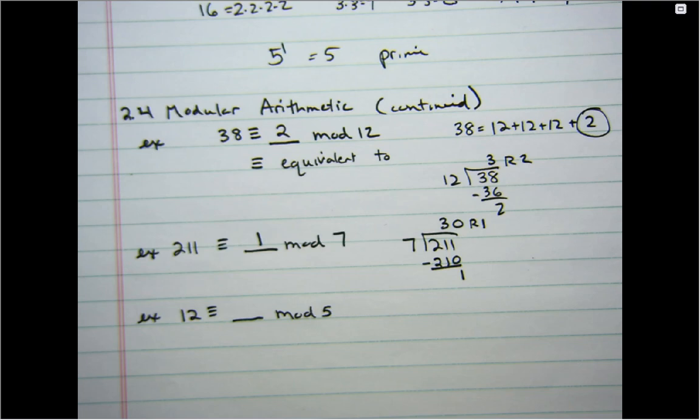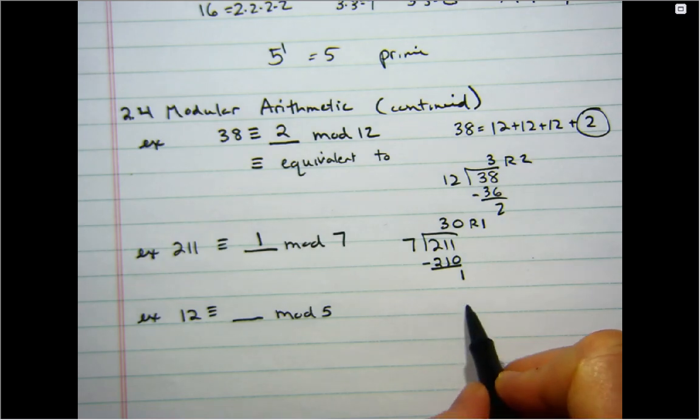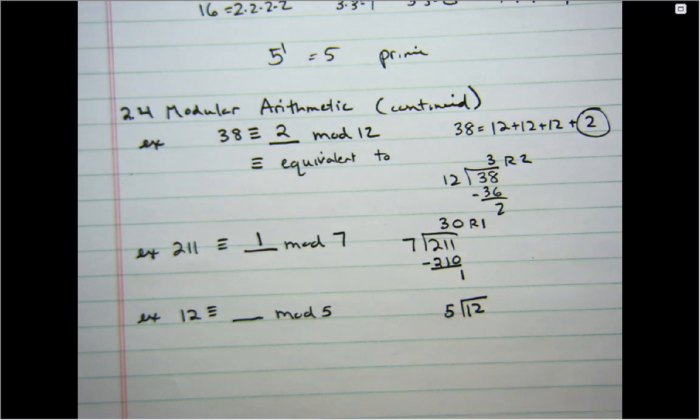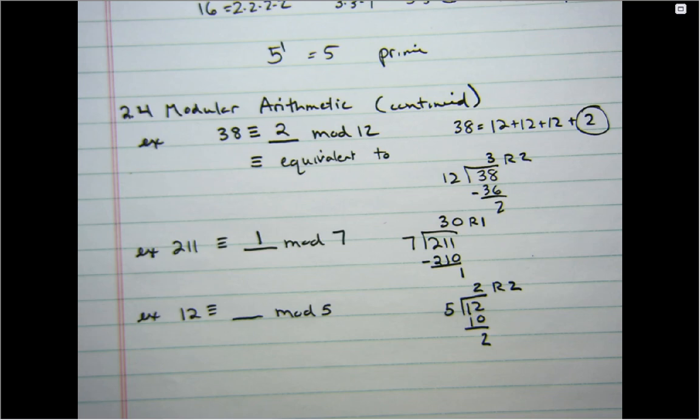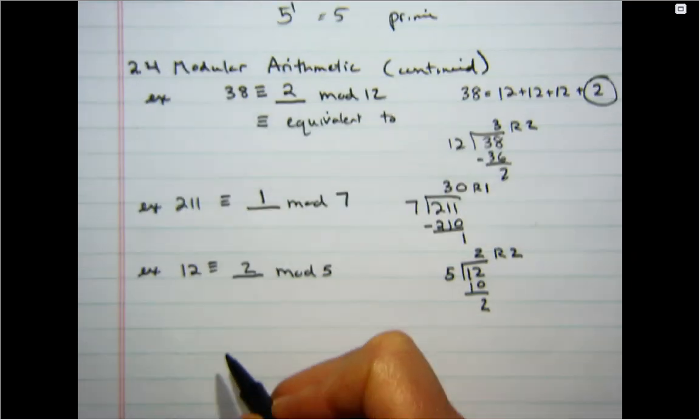What is 12 mod 5? What is 12 equivalent to mod 5? 12 is equivalent to 2 mod 5, because the multiples of 5 come to 10. So you have 2 mod 5. Here, I'll write down a number. How about 37?